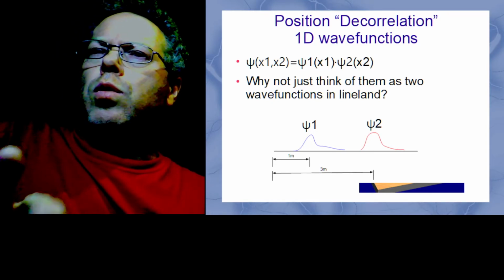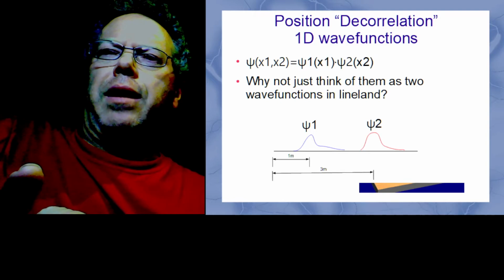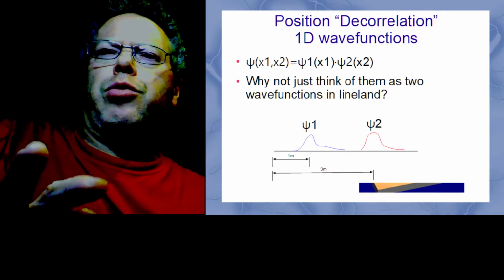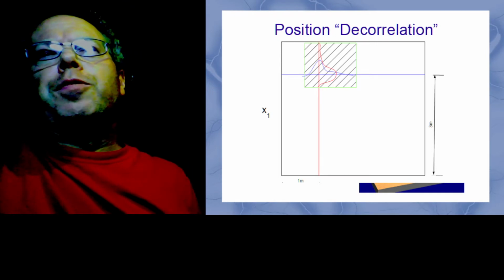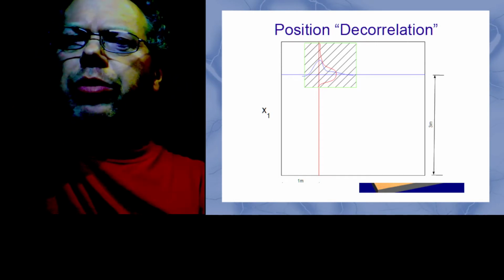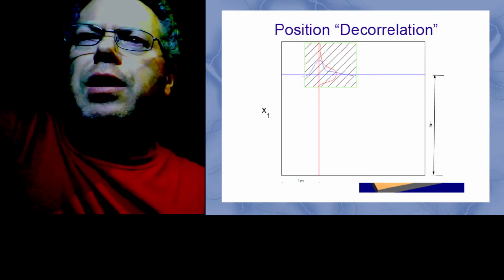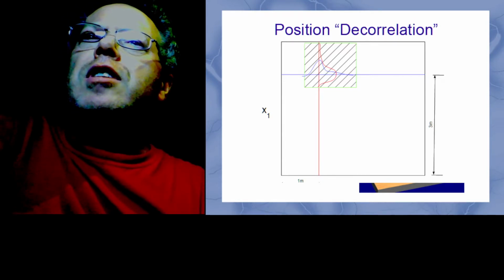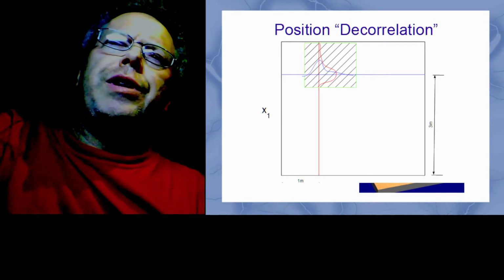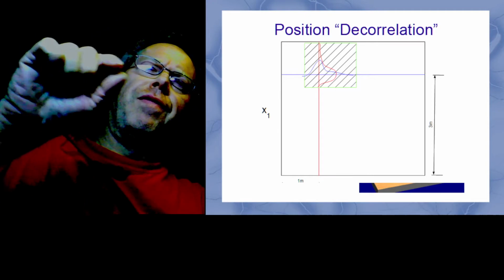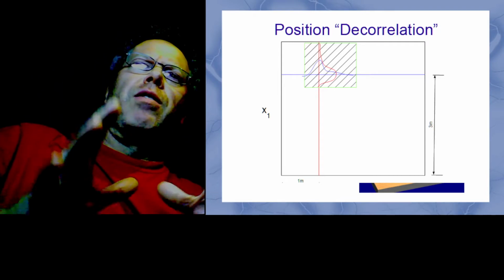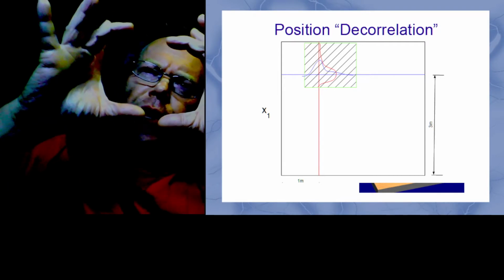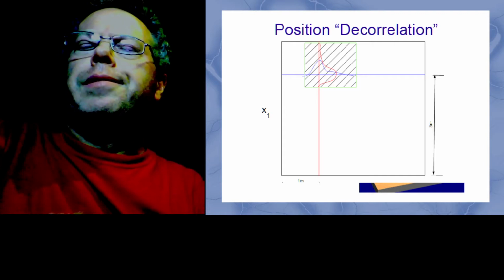And the way I do that, for various reasons, is I multiply them together. So you can see I've got x1 in one direction, x2 in another direction, and if each one of these had a little finite support before they went to 0, when I multiply them together, I end up with a wave function that now has a rectangular support.